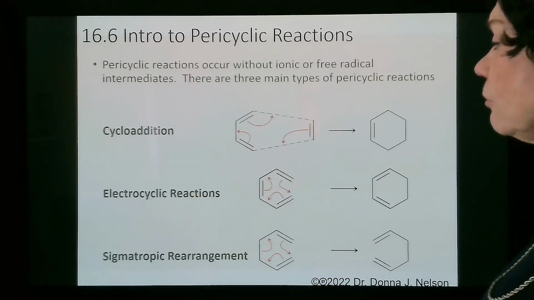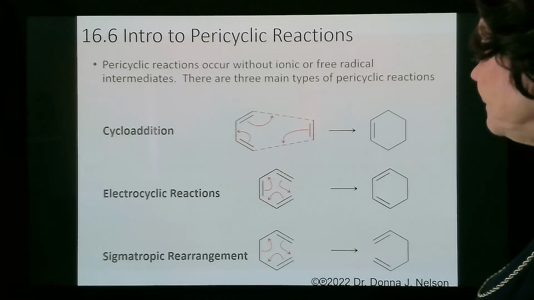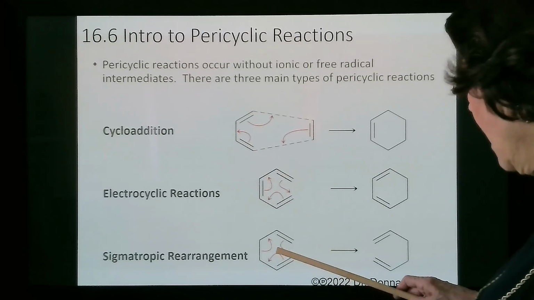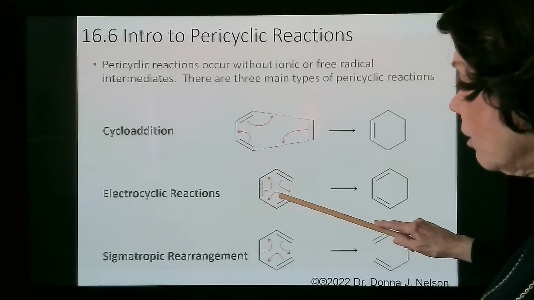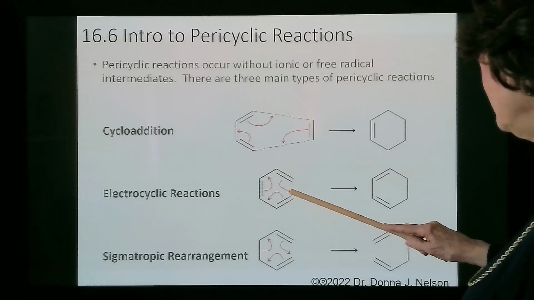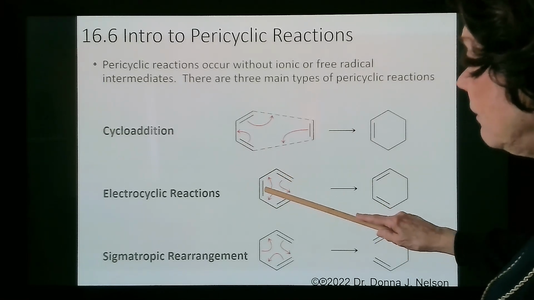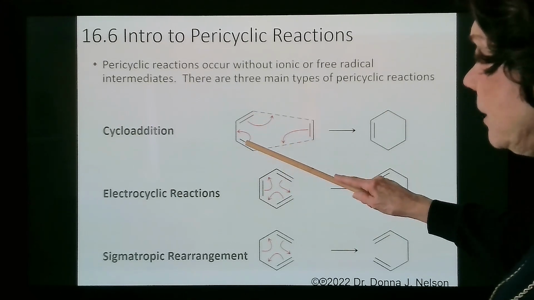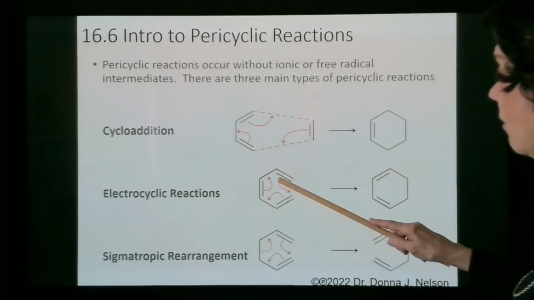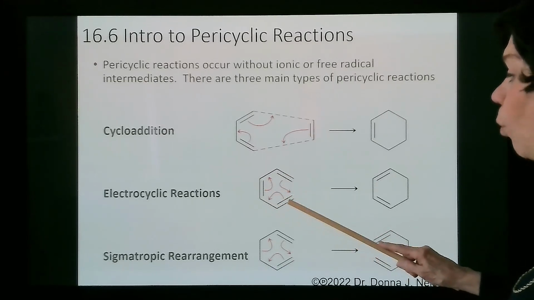Then there's the electrocyclic reaction, in which, once again, the electrons are flowing in a circle, and you can see that you have 3 pi bonds. Up here you had 3 pi bonds. Down here you have 3 pi bonds. And so in this reaction, it's just one molecule.